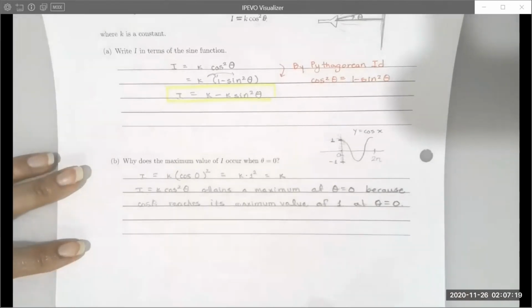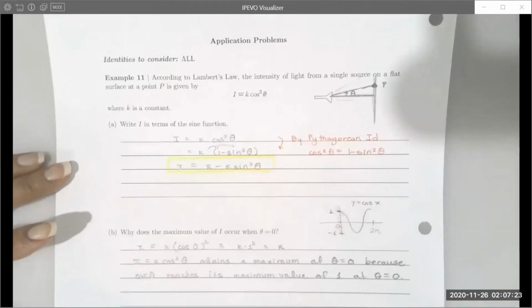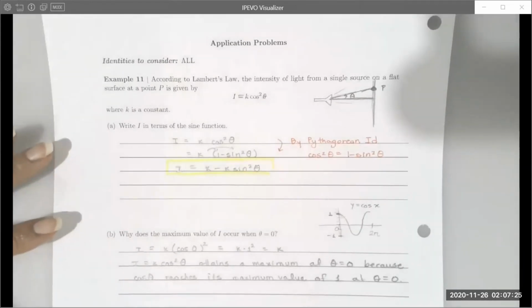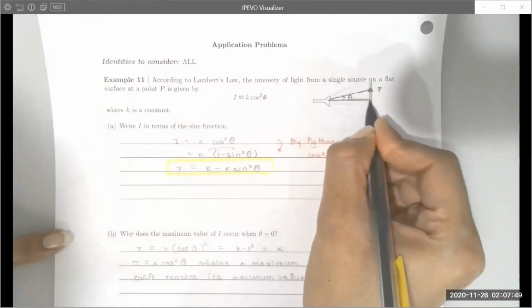Right, now let's see if that agrees with our intuition, because this has a practical application. Think about when you've held a flashlight and pointed it at any surface. Where is the brightest spot on the surface? The center? At the center, very good. The center is going to be directly in front of the flashlight, right?